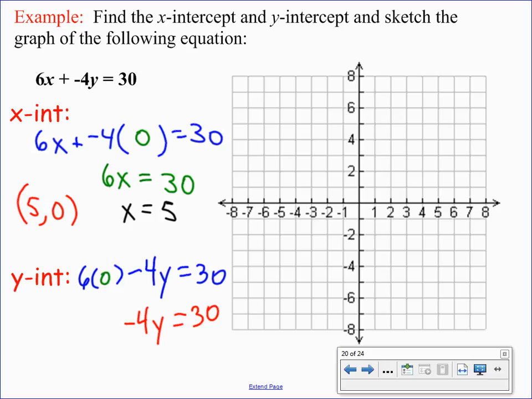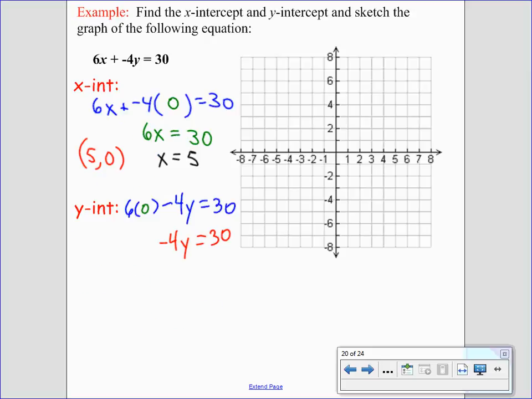Dividing both sides by negative 4 gives me my y-intercept value. y equals 30 divided by negative 4, which is negative 7.5. So my y-intercept as a point in red would be 0, negative 7.5.